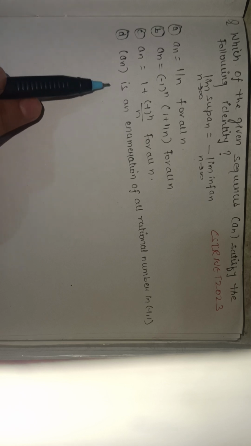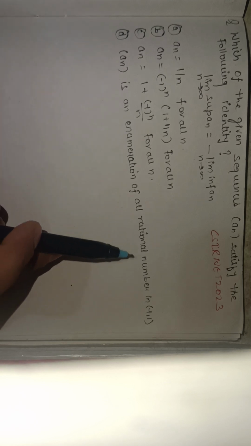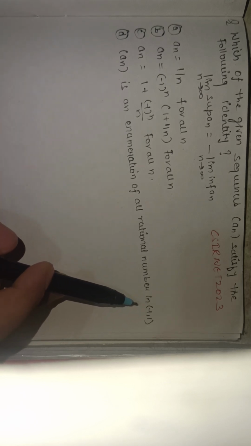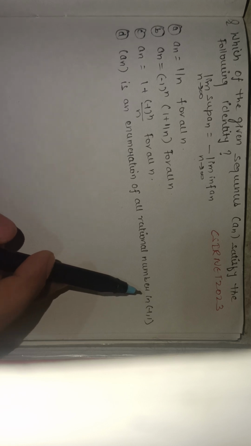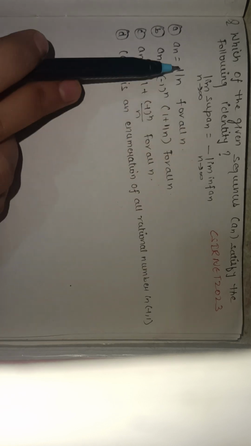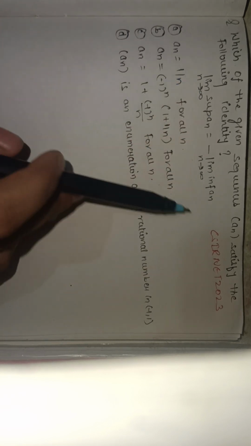Option A: an is equal to 1 upon n for all n. Option B: an is equal to minus 1 to the power n, 1 plus 1 upon n for all n. Option C: an is equal to 1 plus minus 1 to the power n upon n for all n. Or option D: an is an enumeration of all rational numbers in minus 1 and 1. So here we have to see which of the following options satisfy this identity.